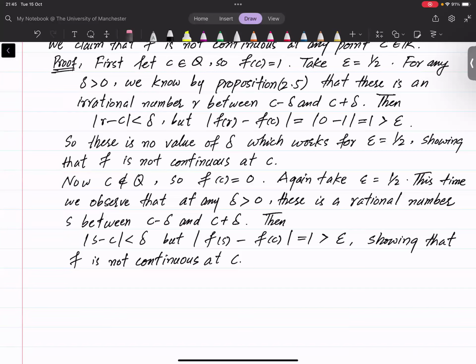Now, this is the proof. We say that a function f is continuous on the real numbers if it is continuous at every point in the real numbers.